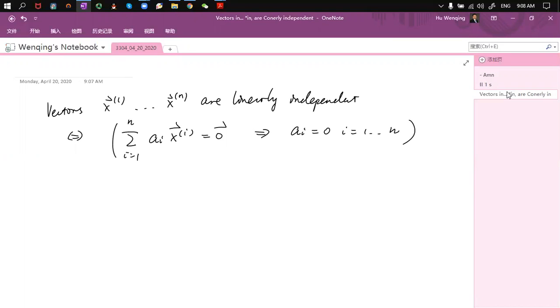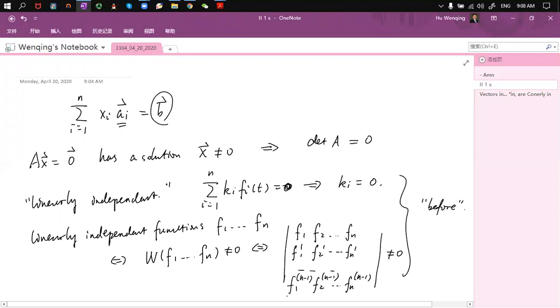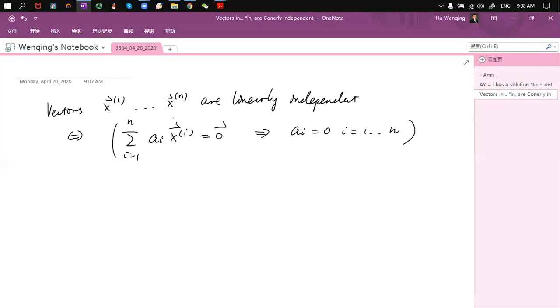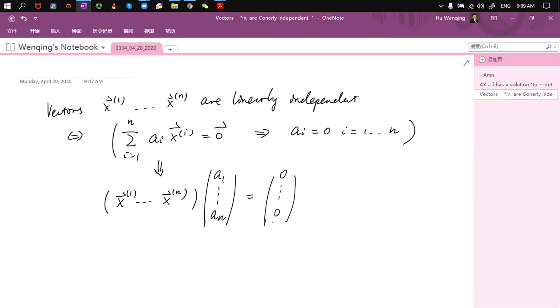Now, let me find a relation between this linear independency and the Wronskian. I will rewrite this as x1 up to xn, treating these vectors as column vectors, multiplied by a column vector a1 up to an, equal to the zero vector.